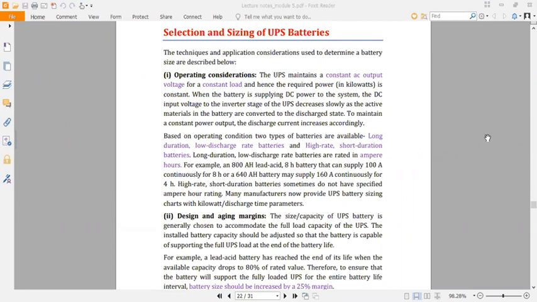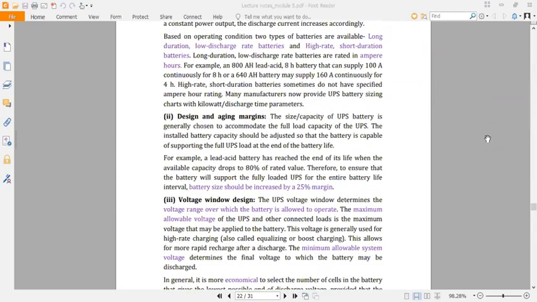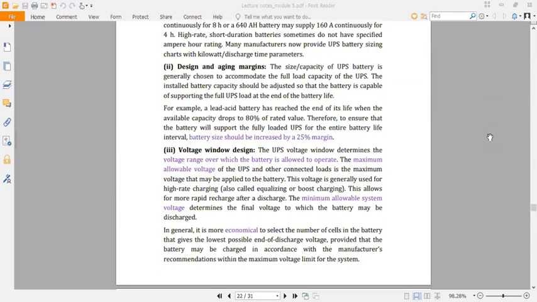सेकेंड पॉइंट हमारा क्या कहता है, डिजाइन एंड एजिंग मार्जिन। What is the meaning of this design and aging margin?